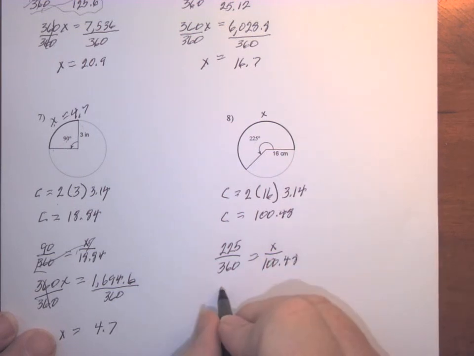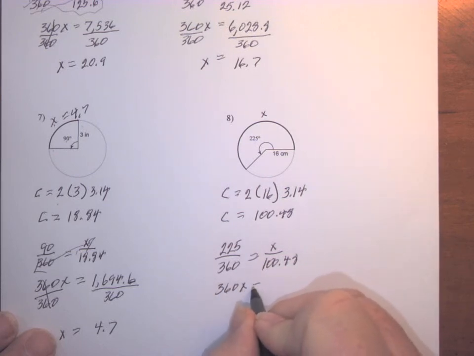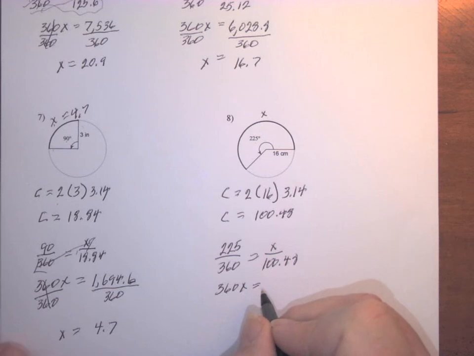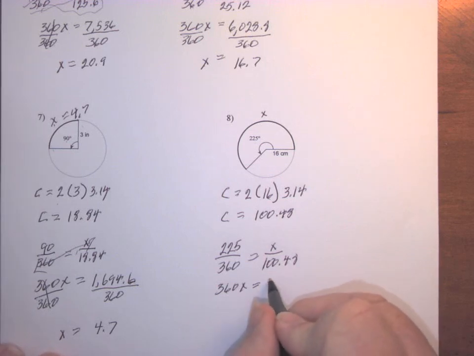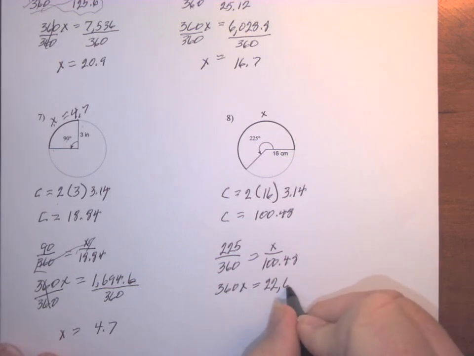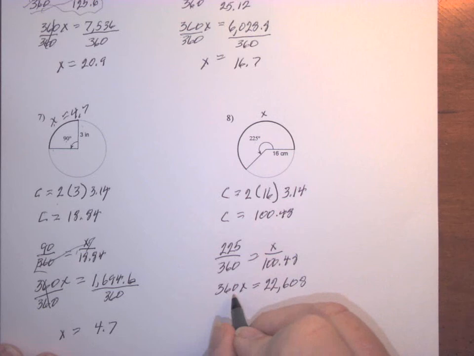And if we cross multiply, we get 360x is equal to, big number, 22,608, I believe. Let me check that. If we take 225 times 100.48, we get 22,608, and we divide that by 360 on both sides.